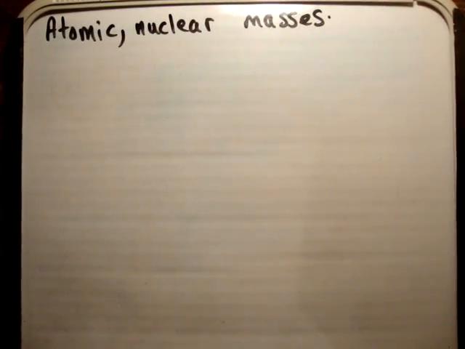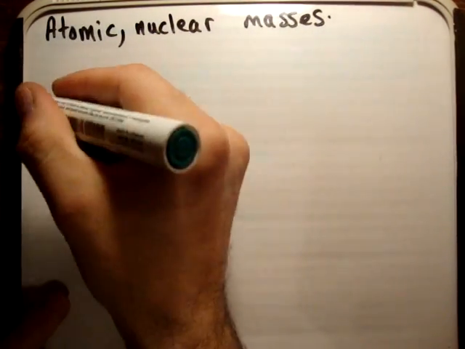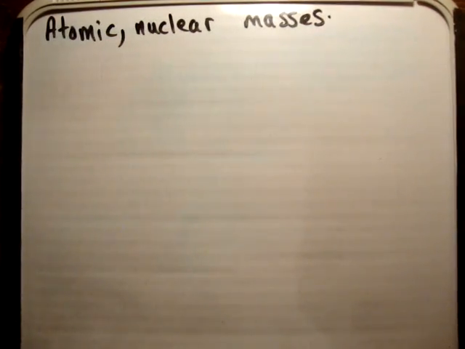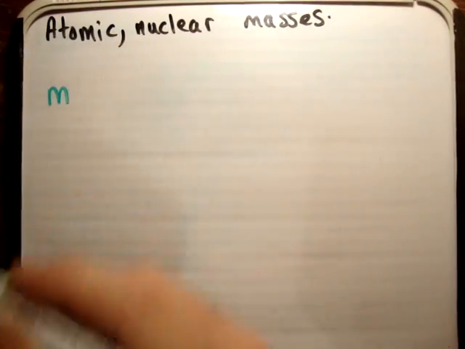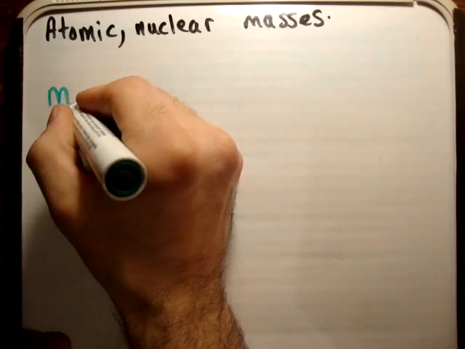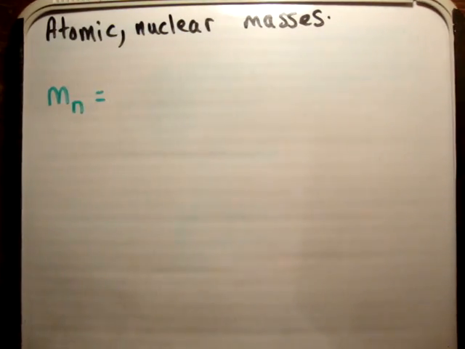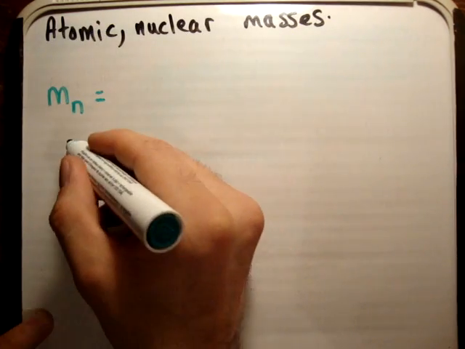So what if we want to get the mass of a nucleus? M is usually what we use for mass, and if it's got a small subscript n, we're talking about the mass of a nucleus. So what would you think the mass of a nucleus is?